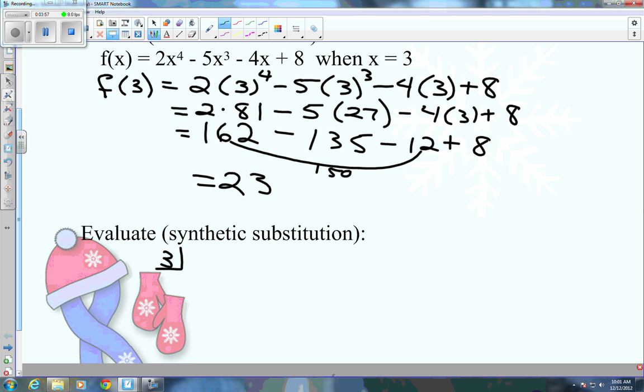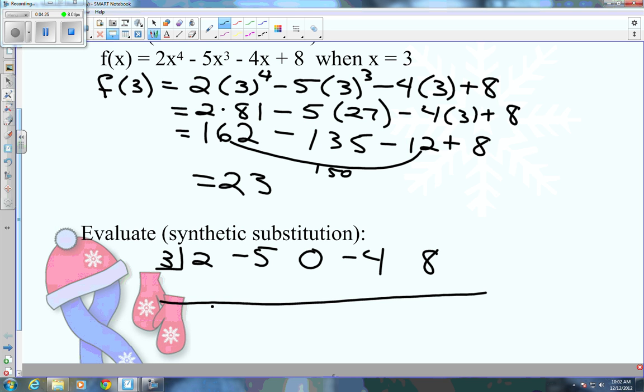And then across here, I'm going to do my coefficients. So I have 2x to the 4th. I have negative 5x to the 3rd. I don't have an x squared, so I have to put a 0 in for that. I have an x, so it's minus 4, and then my constant is 8. Okay, draw your line.